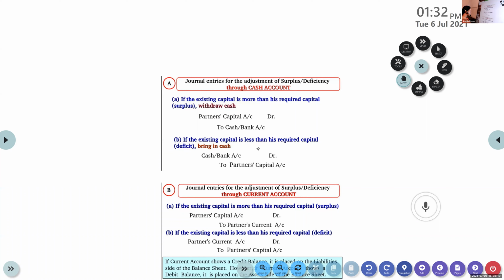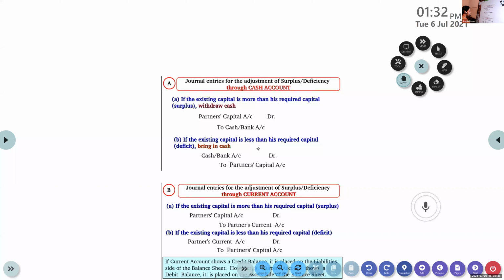Cash account debit to partners capital account. Okay, so that is through cash account.